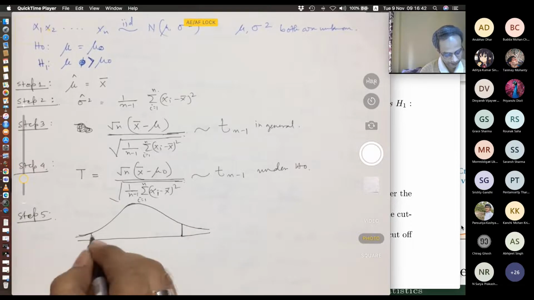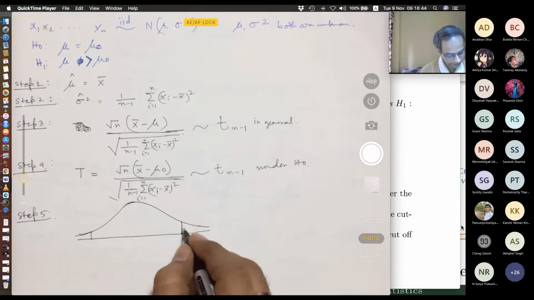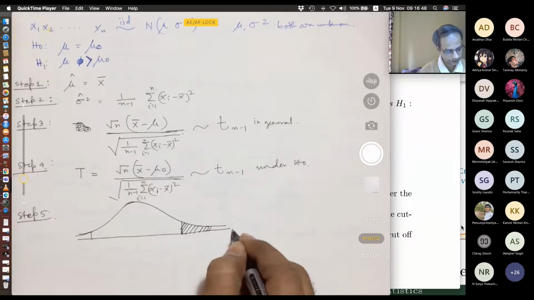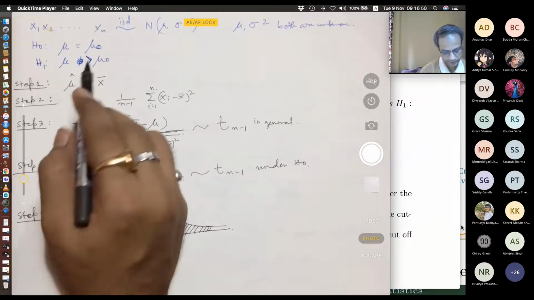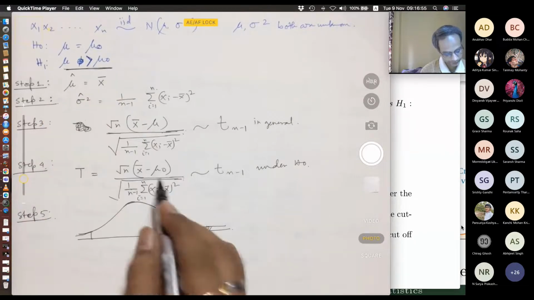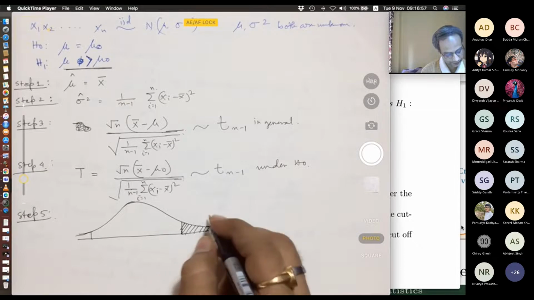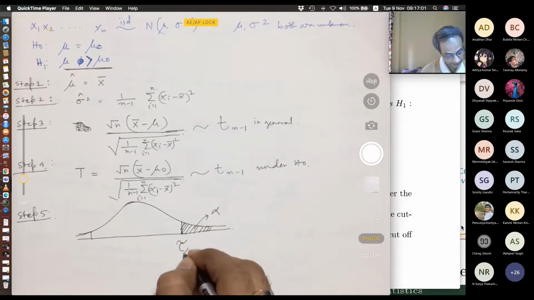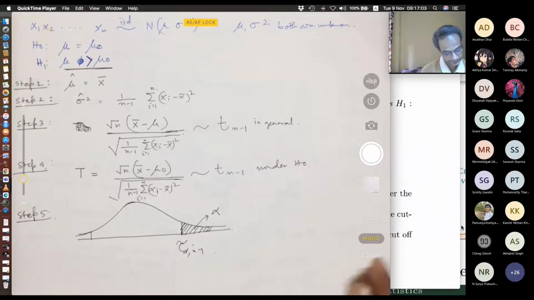So this is one-sided now. So I need to take, for larger value, the alternative is saying mu is greater than mu naught. So for larger value, I will reject the null hypothesis. This region is alpha. This is t alpha, n minus 1.